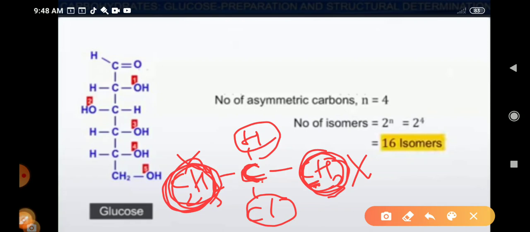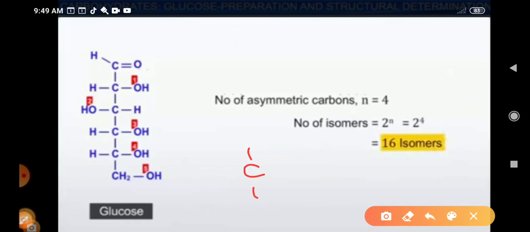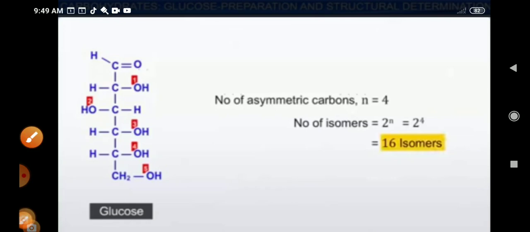That means all 4 are different groups. Therefore this compound has an asymmetric carbon atom, and it shows optical activity. So in the structure of glucose, there are 4 asymmetric carbons. Therefore it is an optically active molecule.